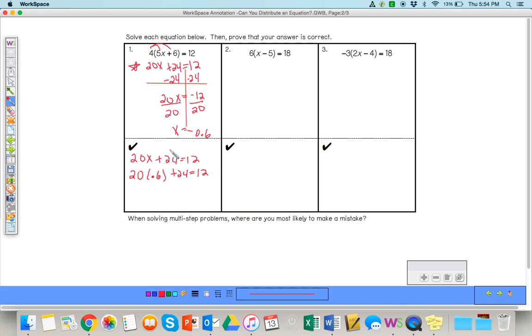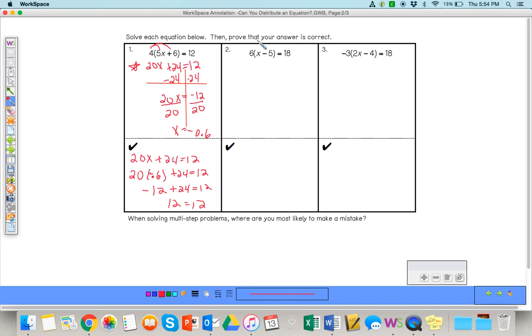Okay, so 20 times, so I'm sorry, that should be negative also. So that should give us negative 12. Negative 12 plus 24, and then we get 12 equals 12. So we know that we solved it correctly.